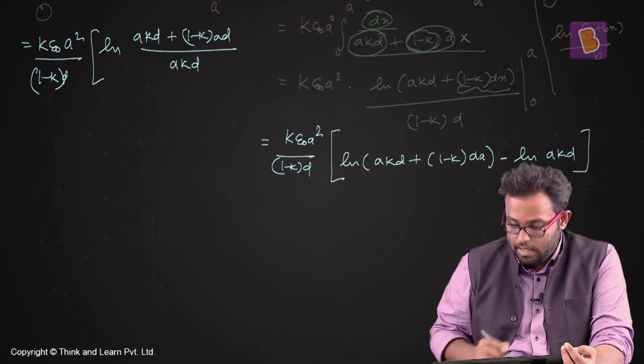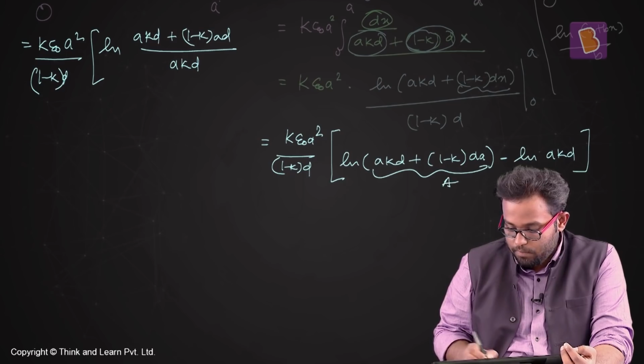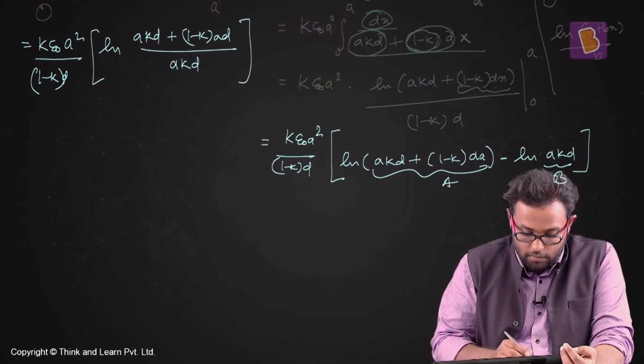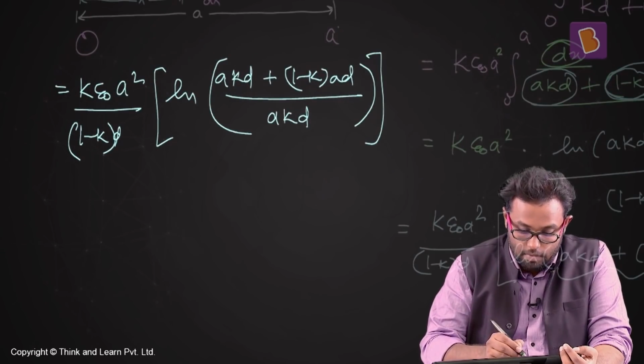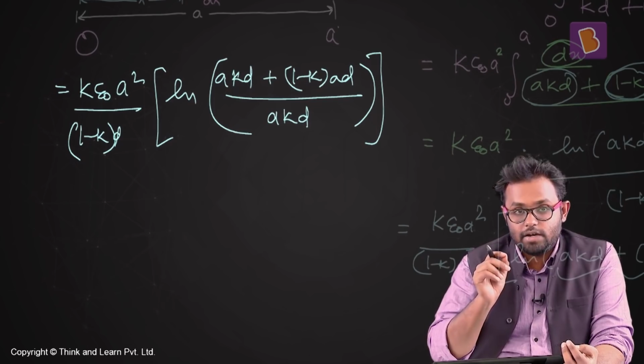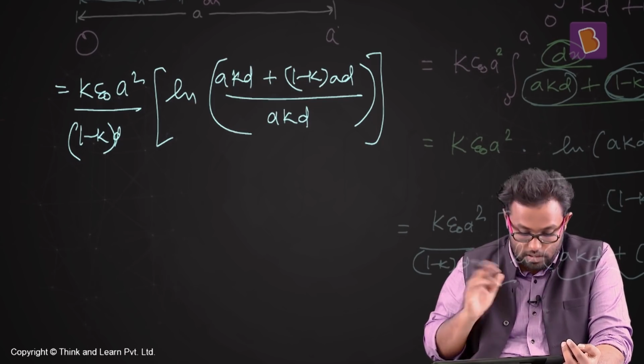So this whole thing is my a, this whole thing is my b. All right, so I've gotten this. I've been very careful and I've gotten this far. A single mistake and you might get the wrong answer, or you might get stuck somewhere here.